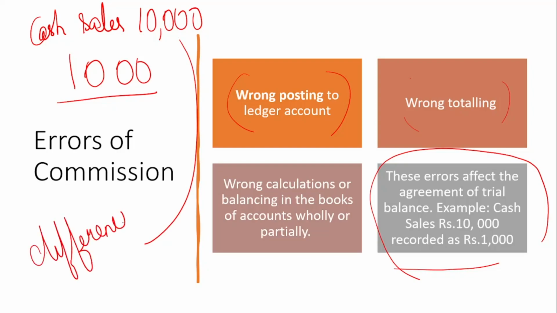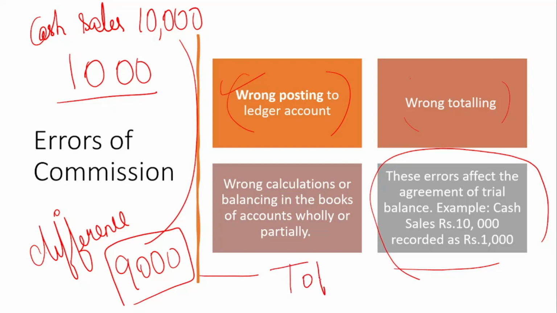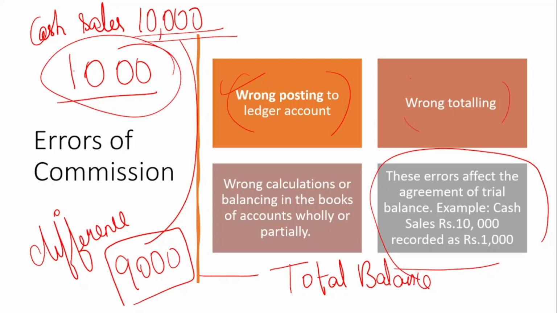So this is wrong posting to ledger accounts. You have wrongly entered the amount, and the wrong totaling happens. This affects your total balances. In the trial balance the value of sales must be 10,000, but instead the value of sales recorded is 1,000. This is known as error of commission.